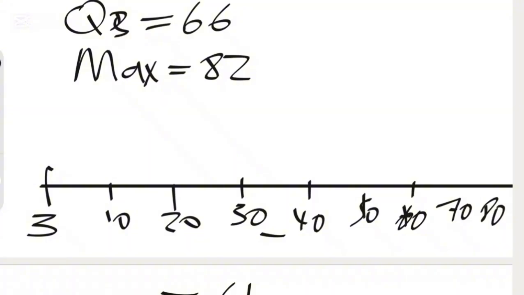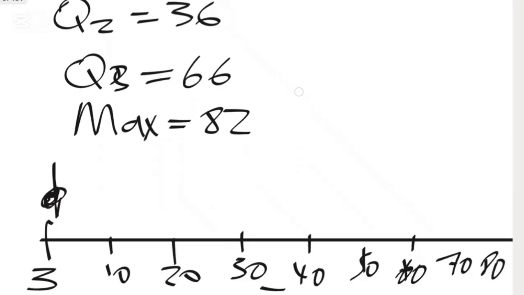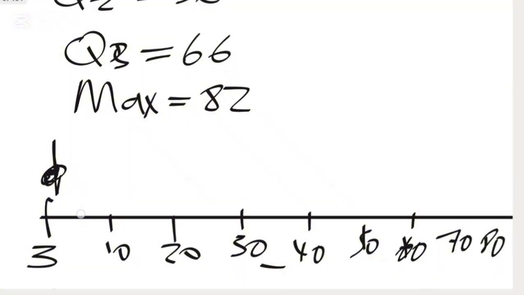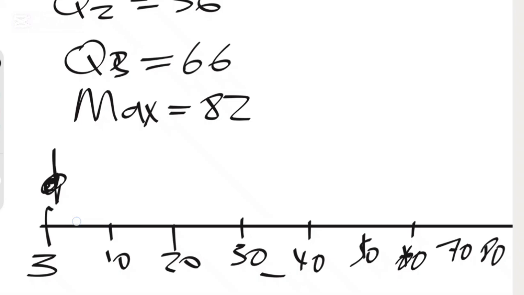So the minimum here is 3. Some do it like this. And then Q1 is 5. 5 is somewhere here. Q1 is here, which is 5. And Q2 is somewhere here, which is 36.